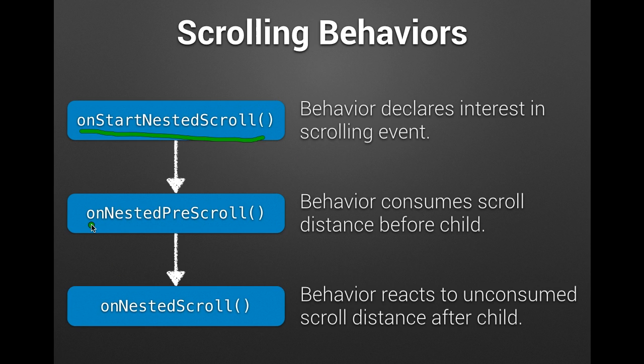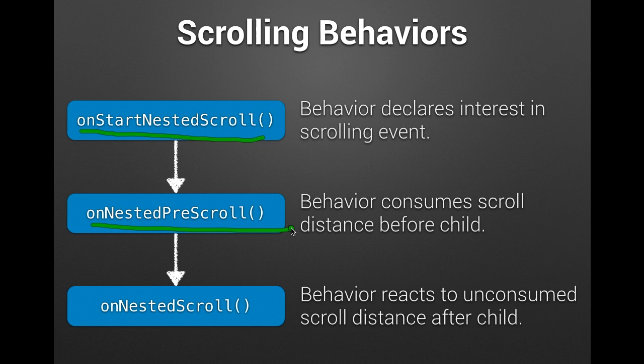All right, so on nested pre-scroll, that's the method that will be called at the beginning of each of those scroll gestures, and this is called incrementally. So as you're scrolling, you'll get this pre-scroll event multiple times, but you'll get it before the view actually scrolls.